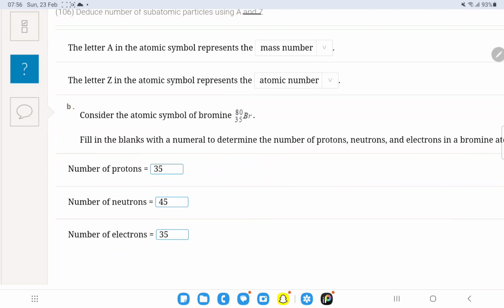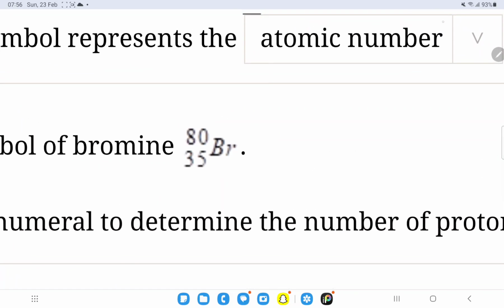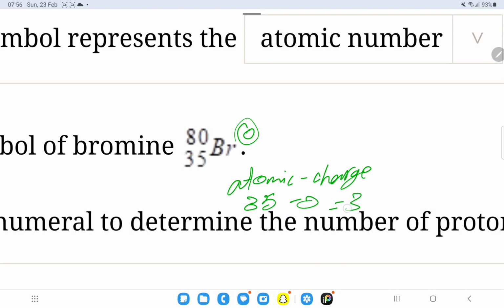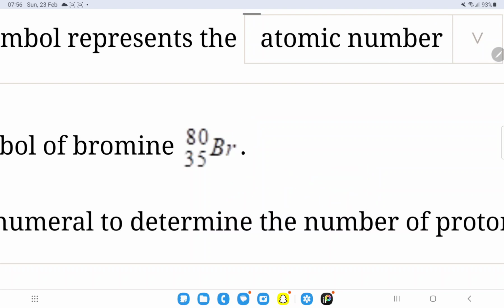Now number of electrons depends on what charge they give you. Here they didn't give us any charge, so 0. To get the electrons, it's always atomic number minus charge. So atomic number is 35 minus charge 0, so 35 electrons.